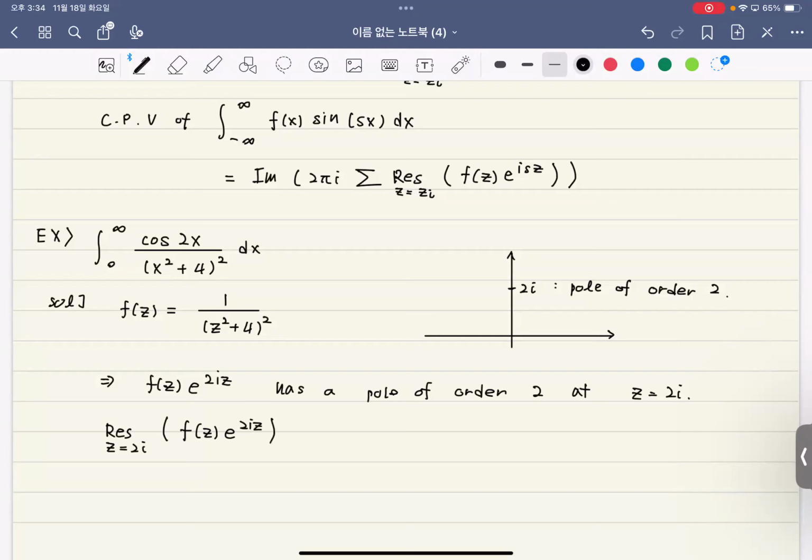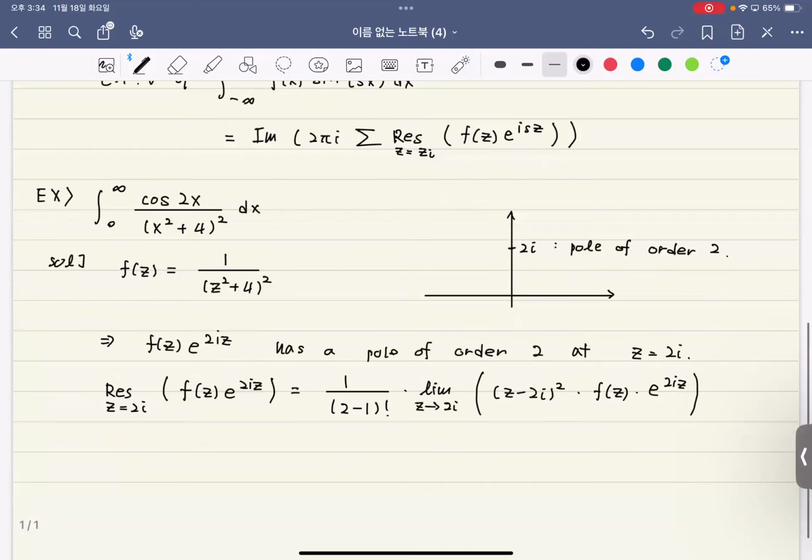Since this is a pole of order 2, the residue should be 1 over (2 minus 1) factorial times the limit as z tends to 2i, and I should be multiplying everything by (z minus 2i) squared times f of z times e to the 2iz, and taking the derivative, how many times? 2 minus 1 times.